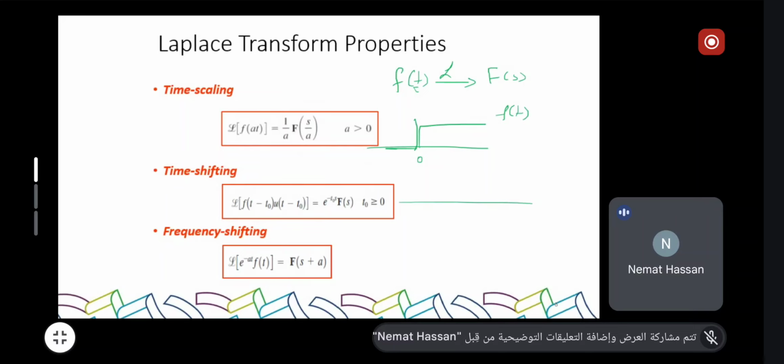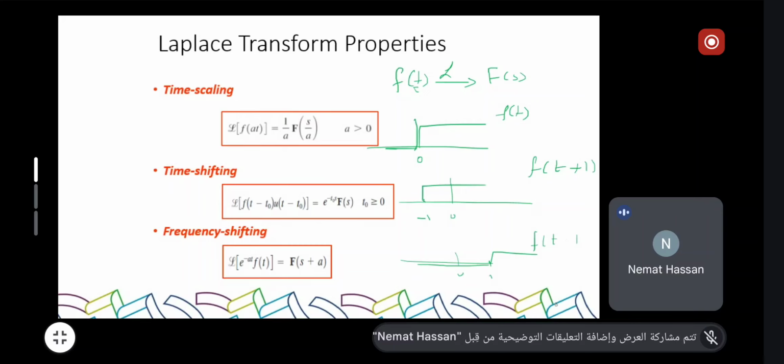Then you can have a shifted version of it. If this is 0, you can have f of t plus 1, which starts here at minus 1, or you can have f of t minus 1, which will start at 1 instead of 0. So this is called time shifting.